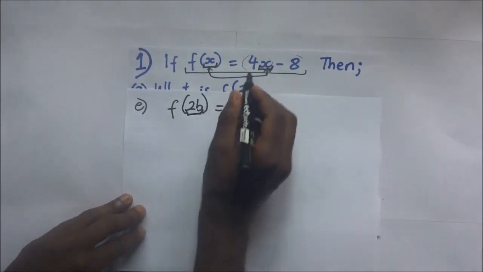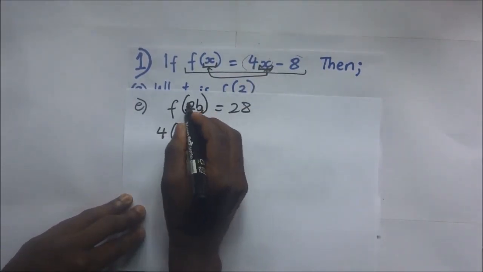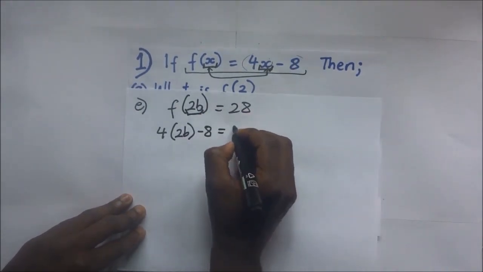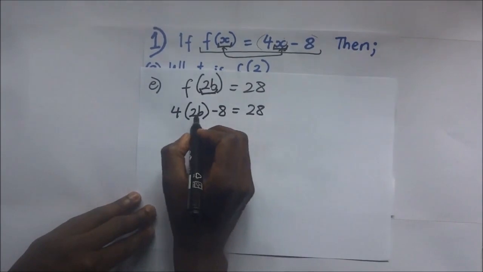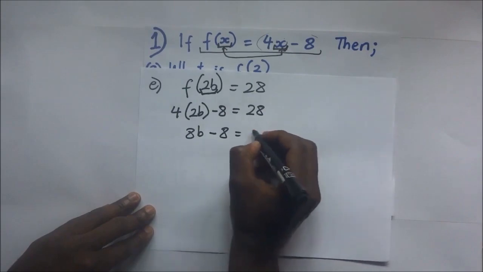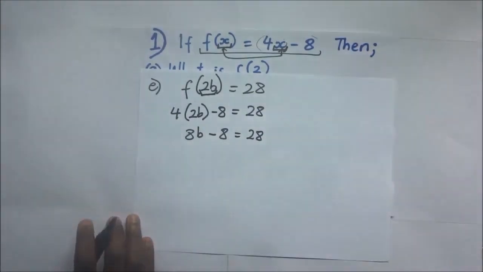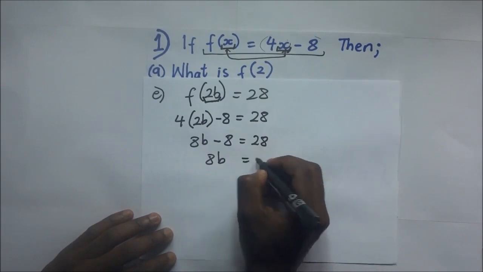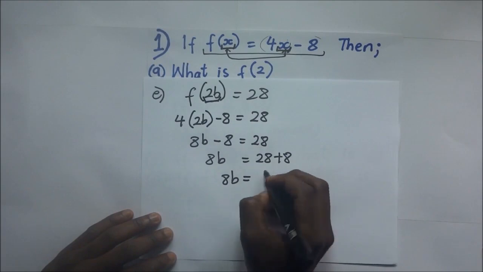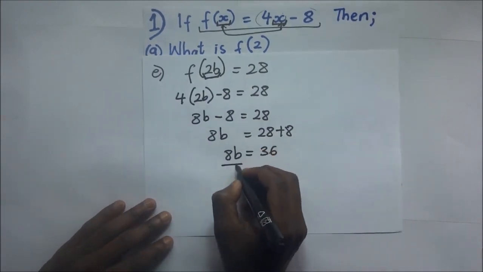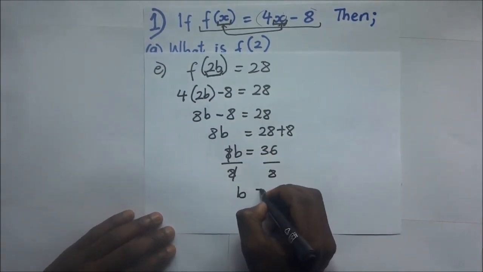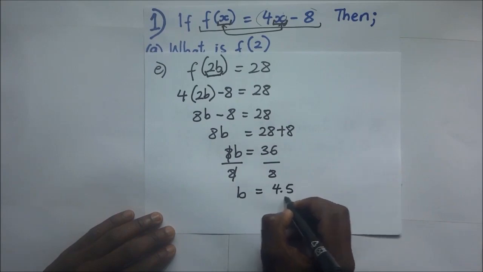So this is going to become 4 times 2b minus 8, and that's going to give us 28. So we open brackets, 4 times 2 is 8b minus 8 is equal to 28. And so our 8b becomes 28 plus 8, 8b is equal to 36. When I divide both sides by 8, I shall end up with my value of b as 4.5.